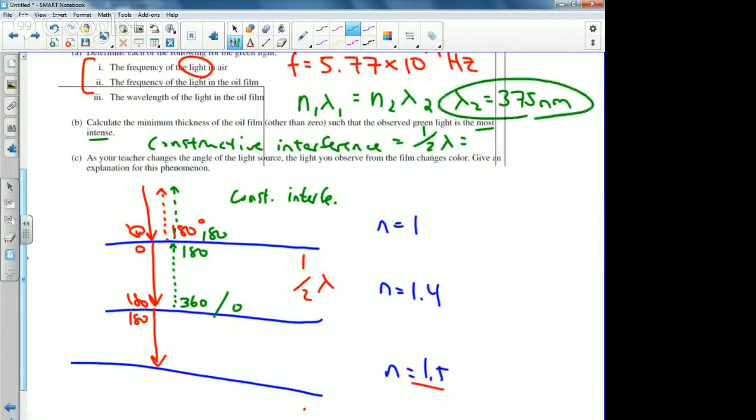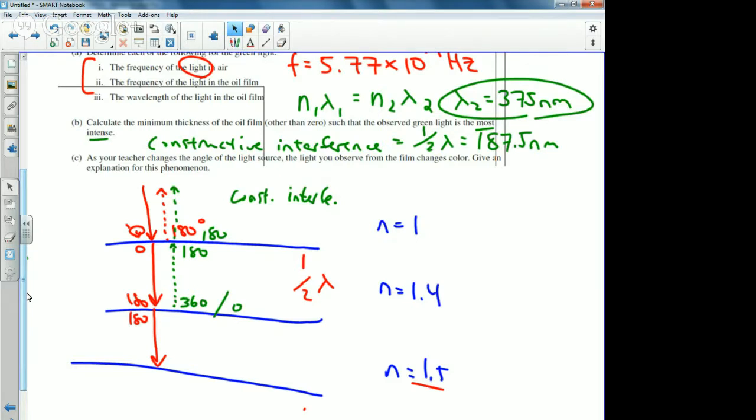Lambda being 375, divided by 2, is equal to 187.5 nanometers. Okay. Just draw that diagram. That's good. So it's always going to be half a wavelength or a quarter wavelength.